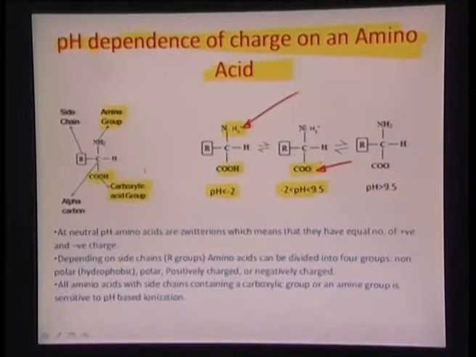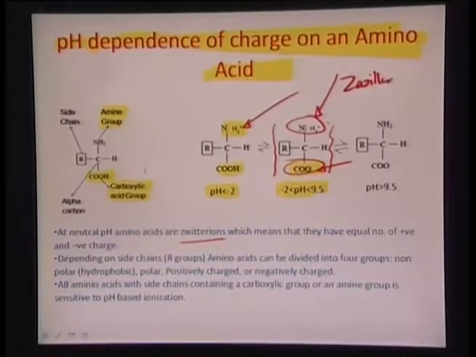In this condition, the total amount of positive and negative charges on this moiety are equal and opposite to each other, so they are known as zwitterions. There is a term to denote these kinds of moieties where there are ion centers within the same molecule, but the amounts of positive and negative charges are equal and opposite, so they are called zwitterions. They have an equal number of positive and negative charges.